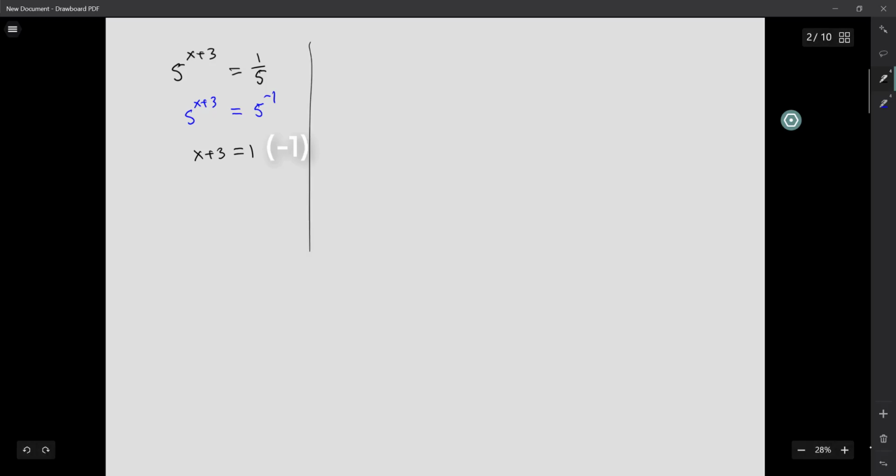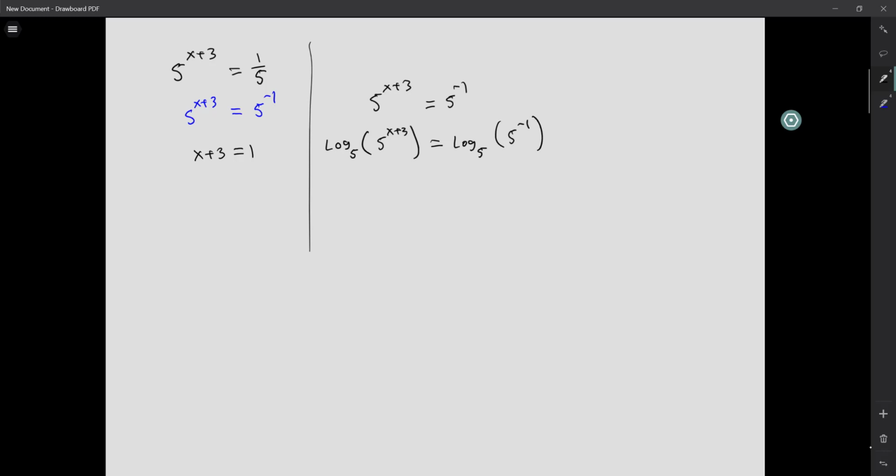What's happening is once we set this up, 5 to the x plus 3 equal to 5 to the minus 1, we take the log base 5 of both sides, and we simplify them. So the exponent inside the logarithm comes out in front as a multiple or coefficient, x plus 3. We have log base 5 of 5, which will just be 1.